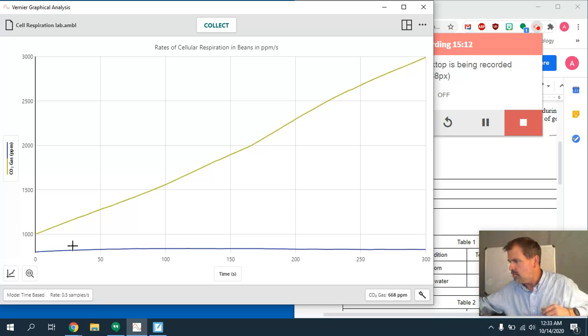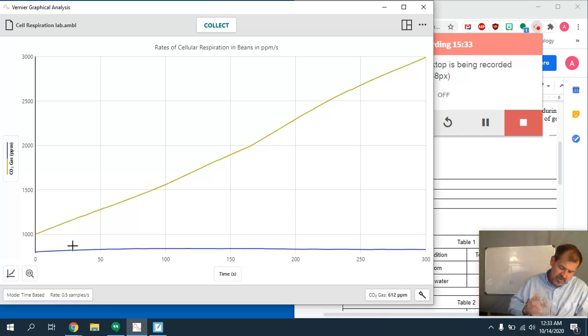All right, so now we're down to our final test, one more trial. Now we need to test the beans that were sitting on ice for about 8 or 9 minutes.